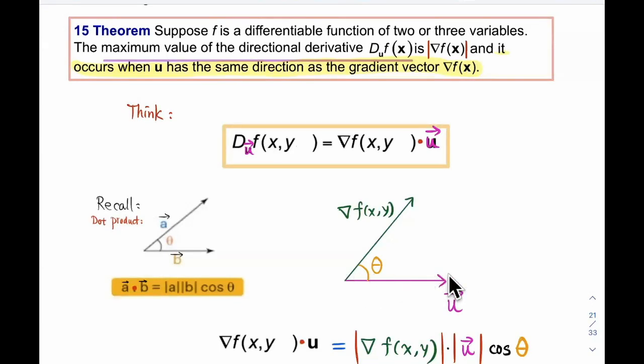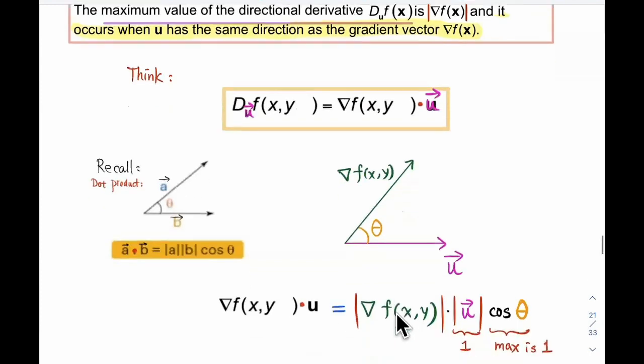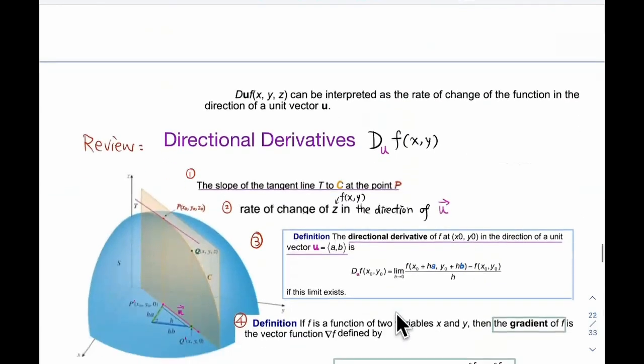And what's the maximum directional derivative? Is equal to the magnitude of the gradient. The magnitude of the gradient is the maximum of all those directional derivatives. And it happens when the gradient and the direction go the same way, same direction. And that is the maximum. Okay. All right. So that's a result that is worth remembering.